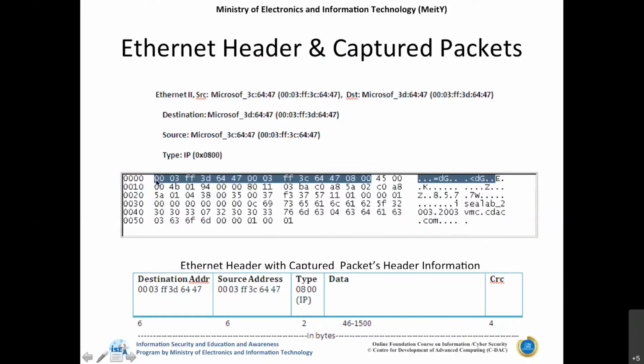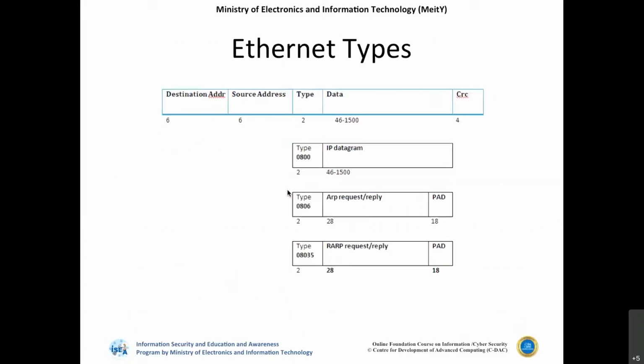Two letters in hexadecimal make 8 bits. That means one letter is 4 bits, two letters together are 8 bits. The first 6 times 8 bits are the destination MAC address. The second 6 times 8 bits are the source MAC address. The first one is destination, the second one source address.